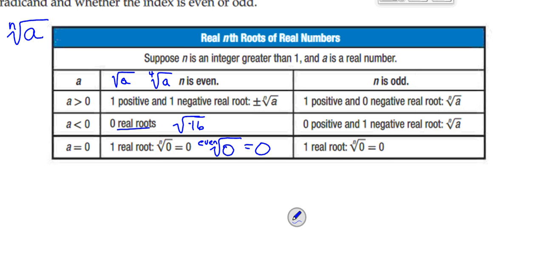So the big difference is if it's odd, we always get an answer, right? If it's even, this one is not real. But if it's odd, then we can get that as we go.